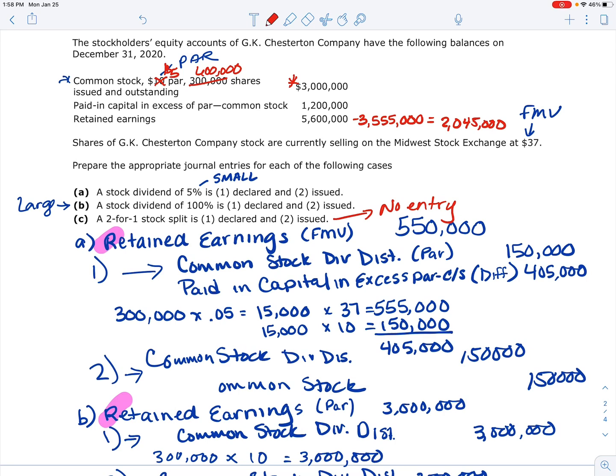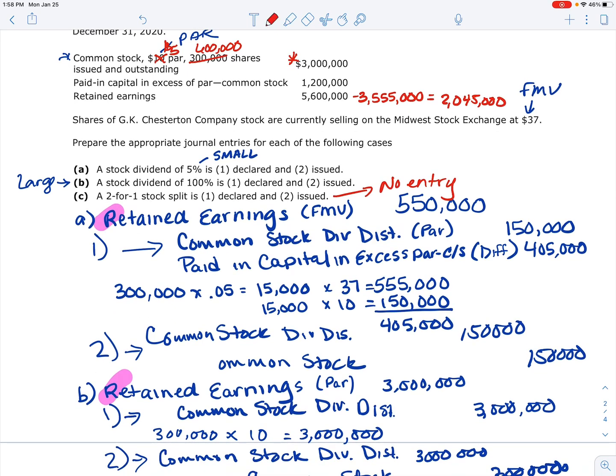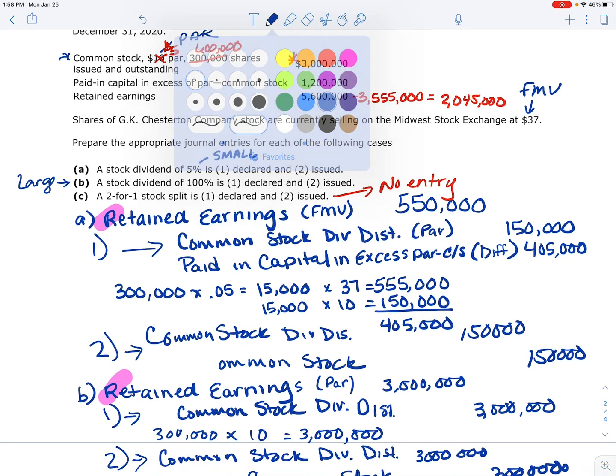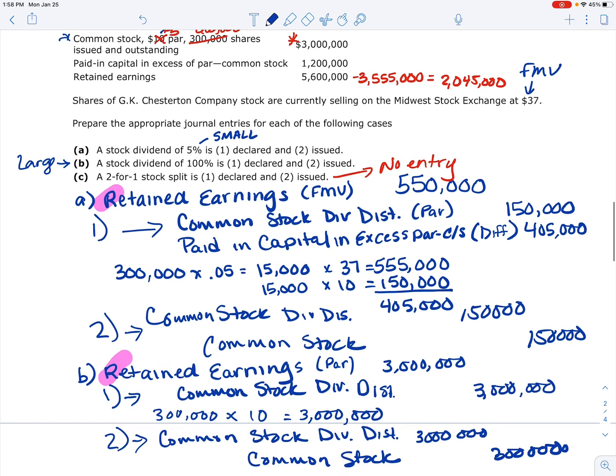It's also going to impact my paid-in capital in excess of par and my common stock. All you've got to do is go through, find those pieces in your journal entries and add or subtract based on what is happening. For example, common stock.